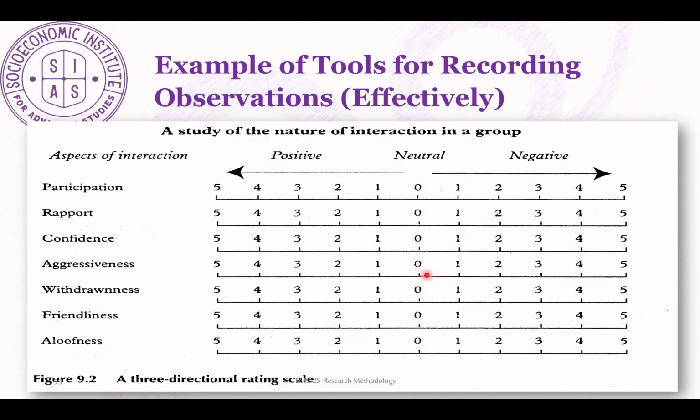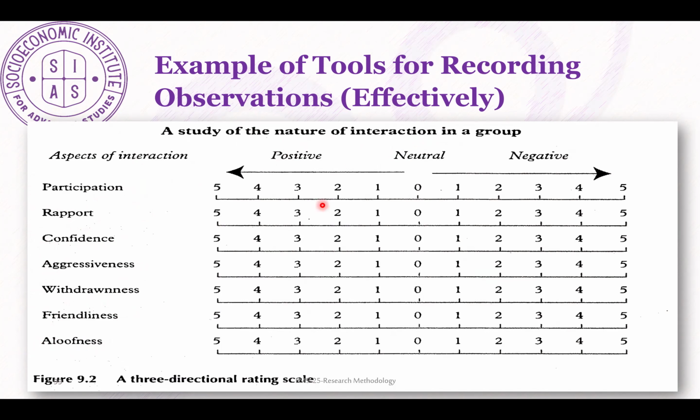Now, for that, there are always tools for recording observation. As we said, it might be through checklists, or through scales. This is an example of a scale where we are measuring the nature of interaction within a specific group: the level of participation, the rapport, the confidence, the aggressiveness, the withdrawal, the friendliness, and aloofness.